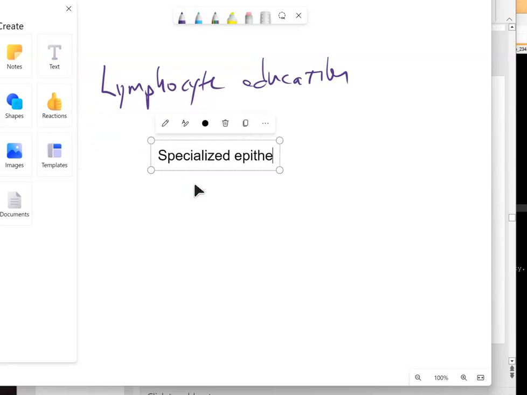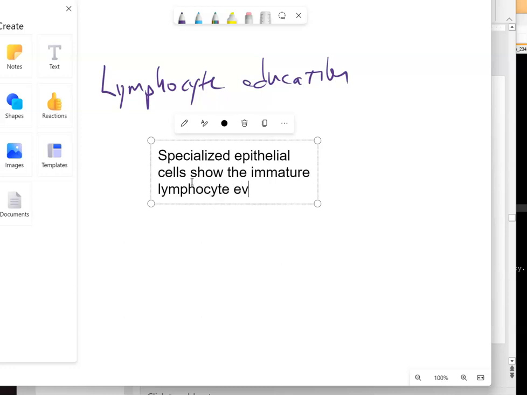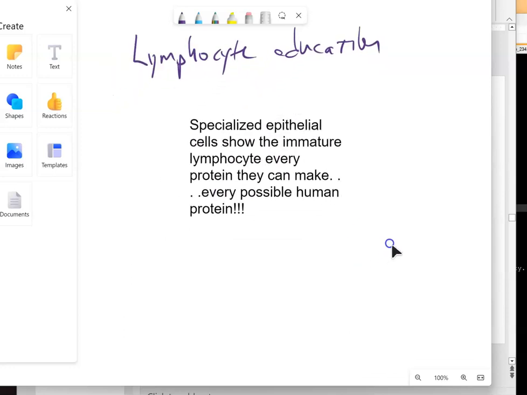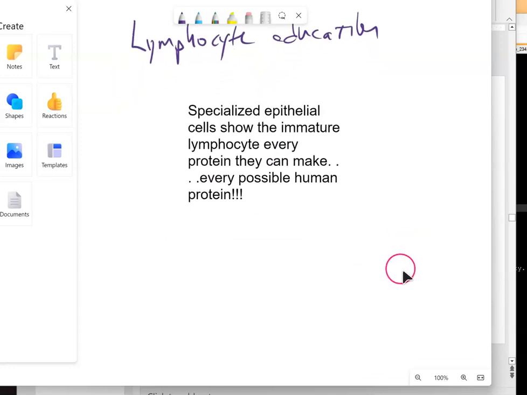Specialized epithelial cells show the immature lymphocyte every protein they can make. Period. We try to show them every possible human protein. Okay, that's what happens in education, and what determines whether they survive is how they respond.